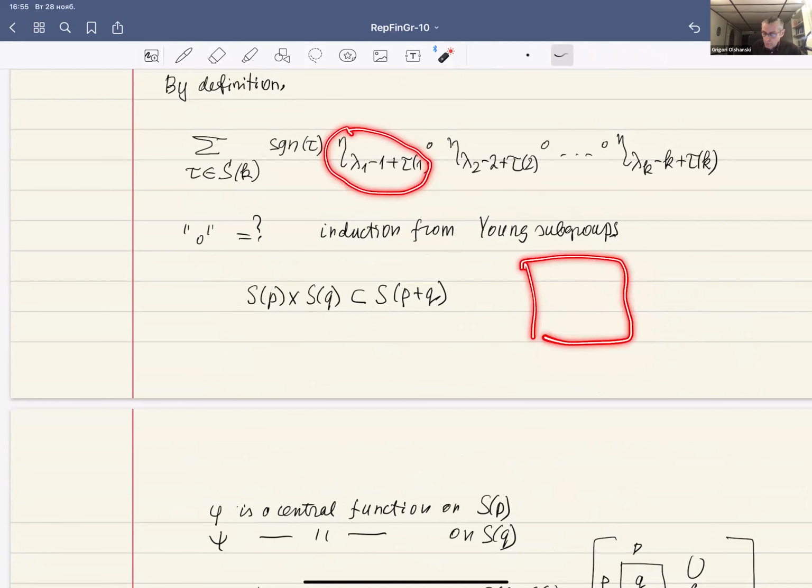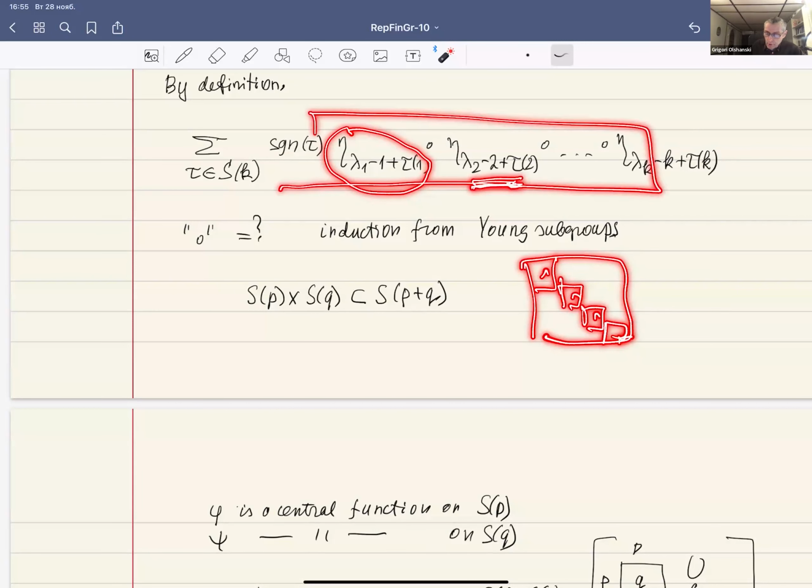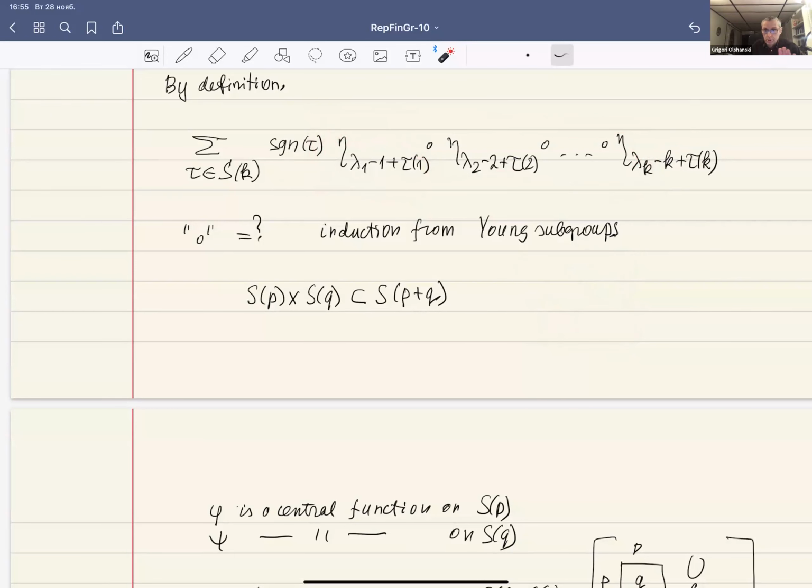So we put on each block the trivial character. If some number is equal to 0, we just drop it because it does not contribute. And if some number is negative, then this expression is said to be equal to 0. We just drop it as a whole.